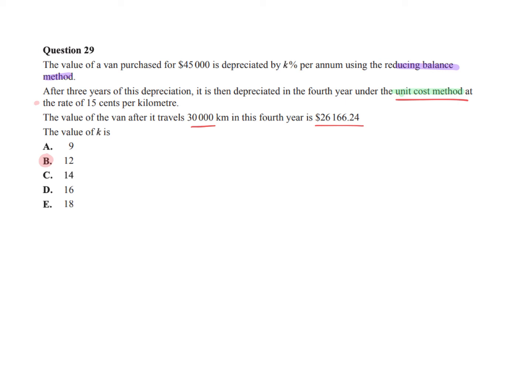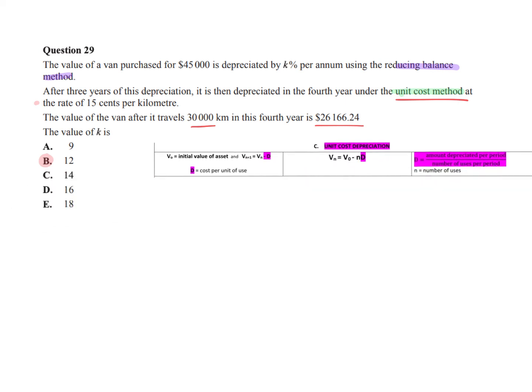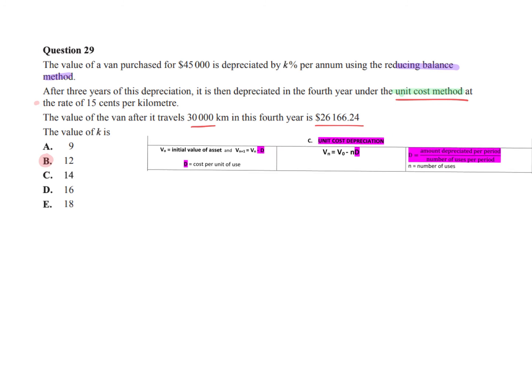Okay, so I've applied that, done. If you look at the unit cost, we know what they've told us, we can work out this D, how much it depreciated. So it only does the unit cost for 1 year, yeah, because it says in the 4th year.